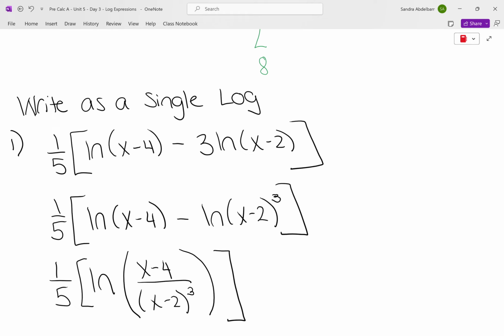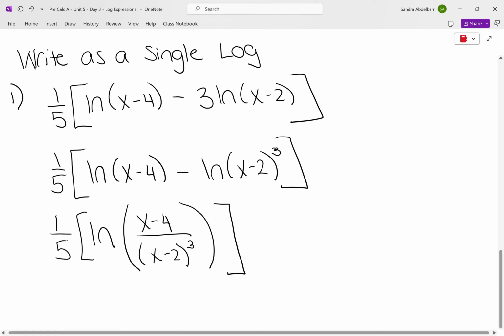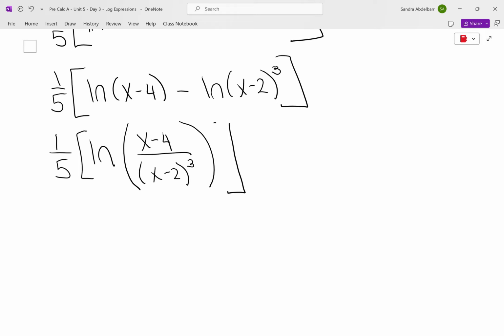What is our last step here? The 1/5. Now that 1/5, where is it going to go? On the whole entire argument. So do I really need these square brackets anymore? No, I don't really need these square brackets anymore. So that 1/5 is going to go back on the whole argument.